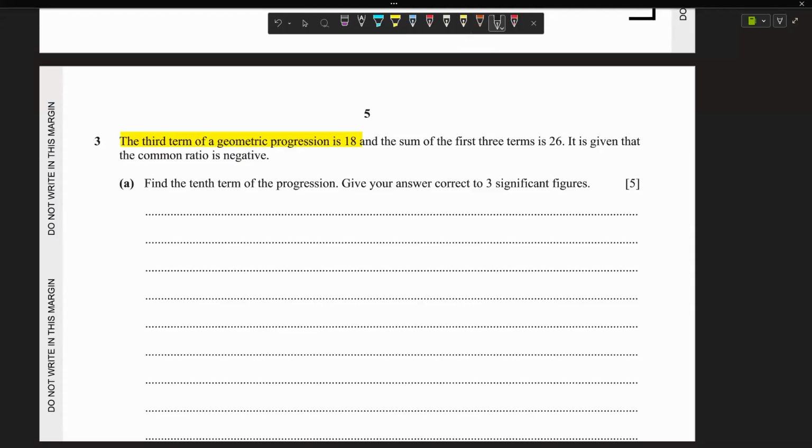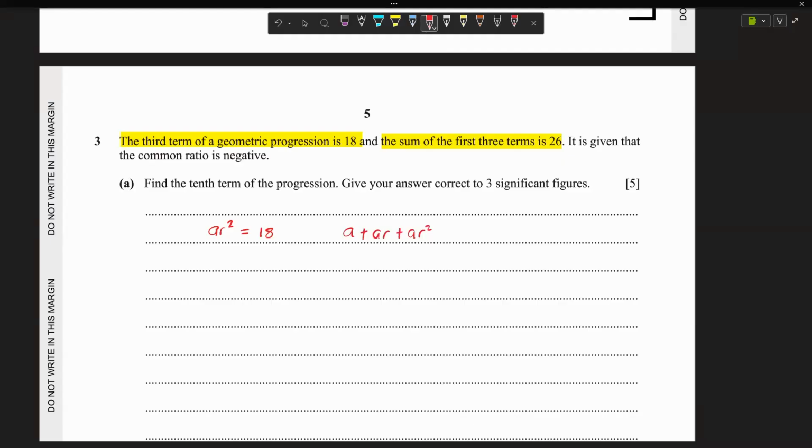Now, first they say the third term of a GP is 18. Now we know that the third term of a GP, we write that as AR squared, is equal to 18. And now they say again the sum of the first 3 terms is 26. The sum of the first 3 terms is A plus AR plus AR squared.